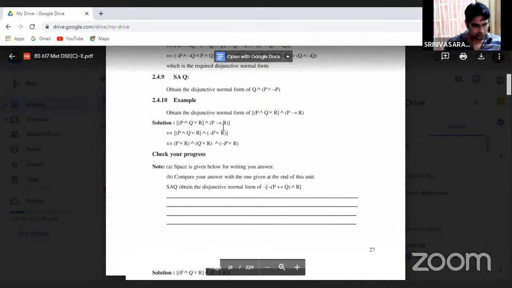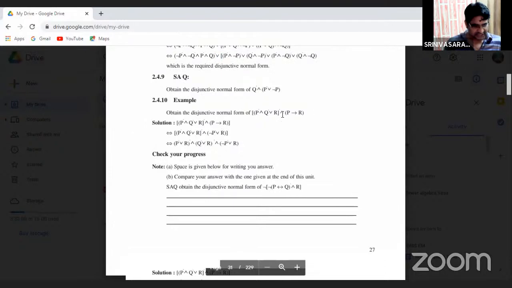The solution is also here. This expression is equivalent to (P and Q) or R, and now P to R. How to write P to R? Negation P or capital R. The second part can also be written with a plus.